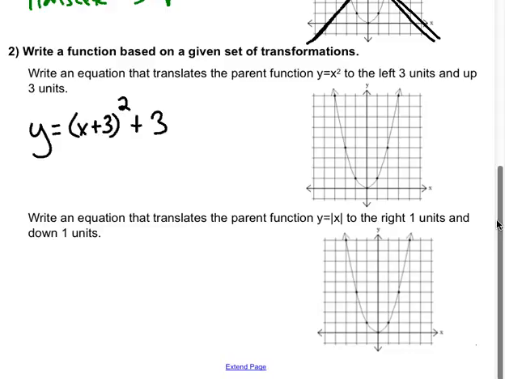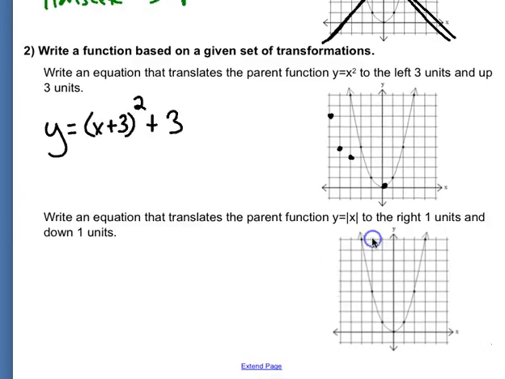And of course, if we're looking at the graph, we can actually do that. I could take this point and move it 3 left, 3 up to put it right there. I could take this point, 3 left, 3 up to put it right there. I could take this point, 3 left, 3 up, put it right there. I could take this point, 3 left, 3 up to put right there.